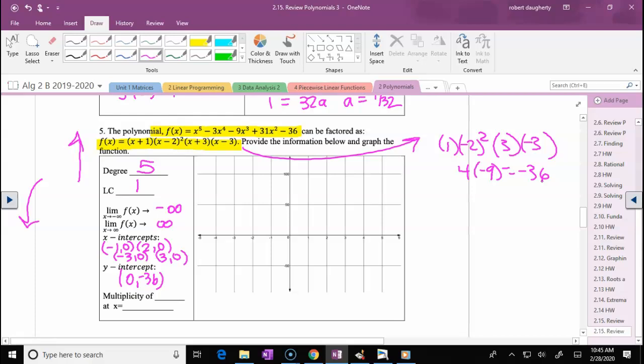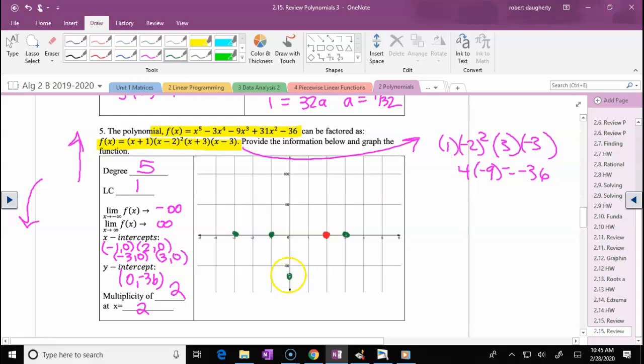There is a multiplicity of 2 at x equal 2. So when I go to graph this, I know that at the point 2, I do not cross the axis. All the other roots, I will cross the axis. So I'm going to cross at negative 1, I'm going to cross at negative 3, and at positive 3. And I have to go through the point 0, negative 36.